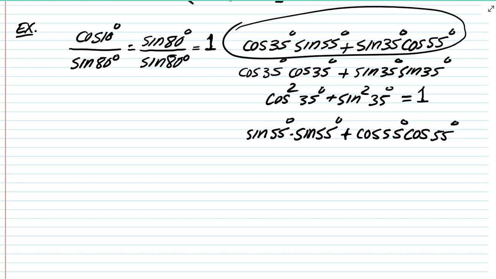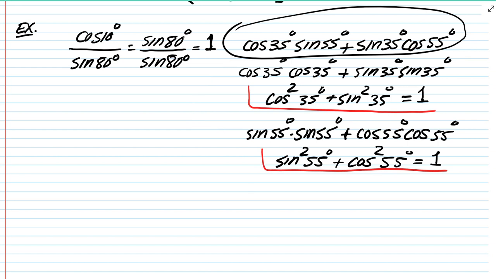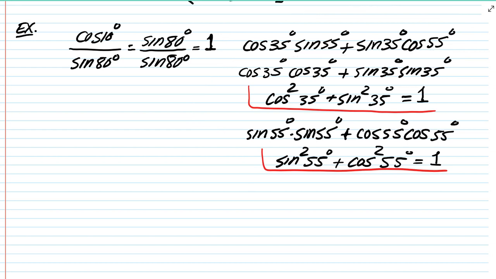Looking at the initial expression, now I get sine squared 55 degrees plus cosine squared 55 degrees. Again, as long as the measure of the angles are the same, sine squared plus cosine squared should equal 1. And there you have it. So we got two different Pythagorean identities, if you will. There you go, by converting two cofunctions.